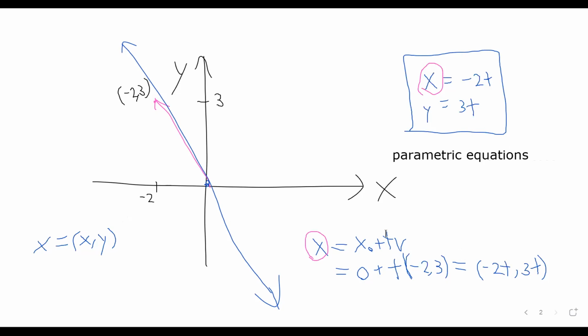Okay, and if you wanted the vector equation, then the vector equation would just be x comma y is equal to t times -2, 3. And so this would be the vector equation.